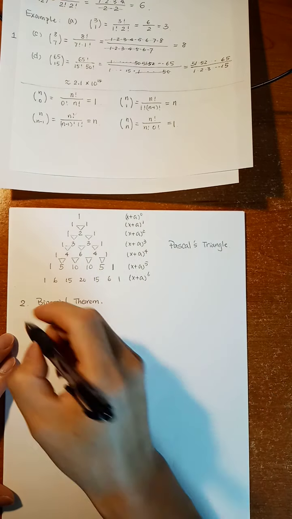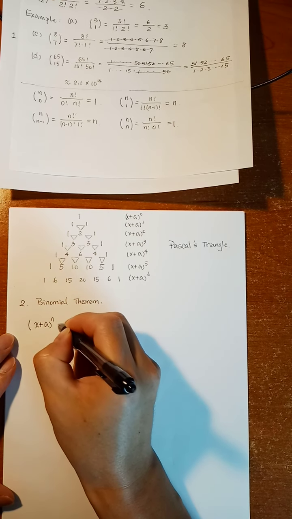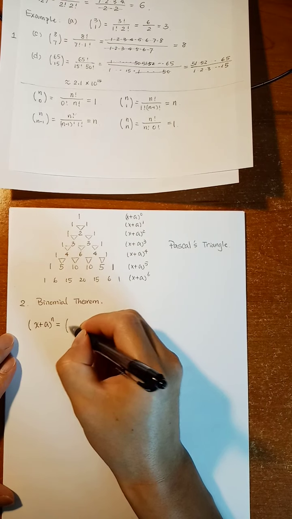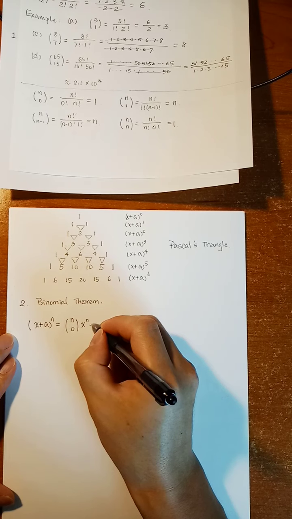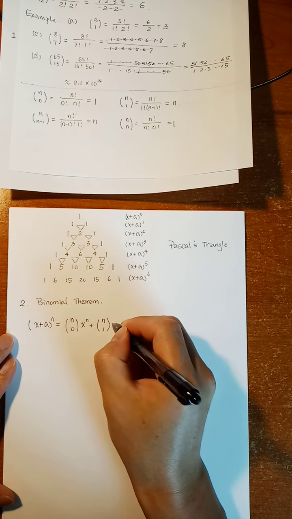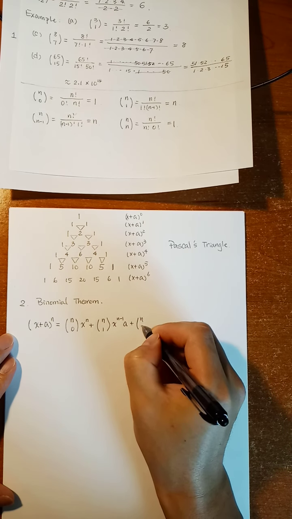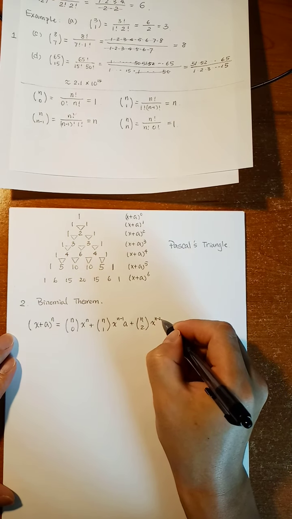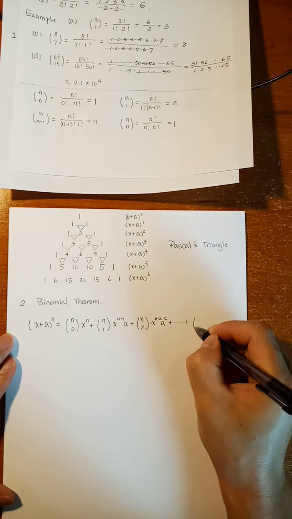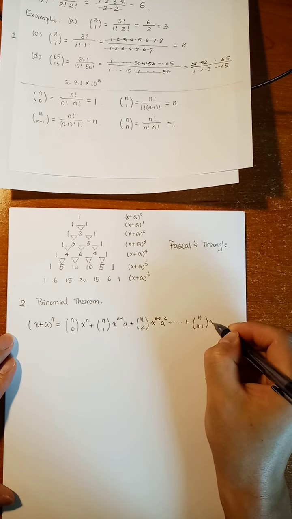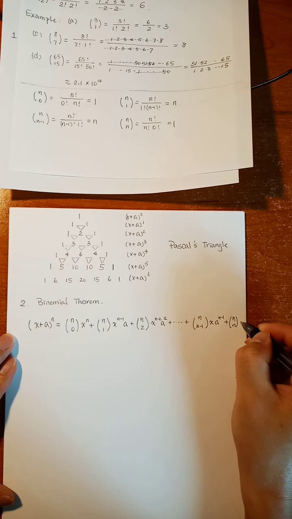The binomial theorem is that x plus a to the nth power is n choose 0 x to the nth power plus n choose 1 x to the power n minus 1 a, n choose 2 x to the power n minus 2 a squared, and up to n choose n minus 1 x a to the power n minus 1, and n choose n a to the nth power.